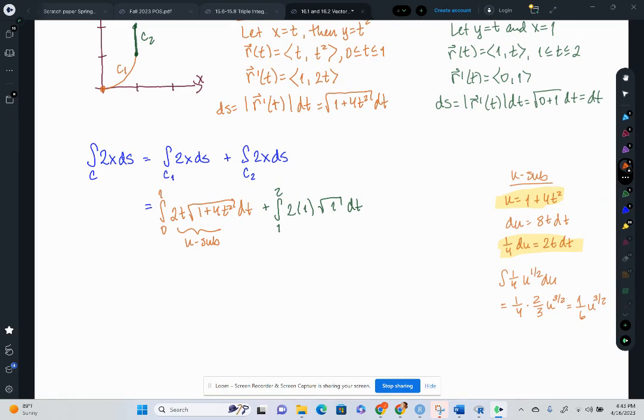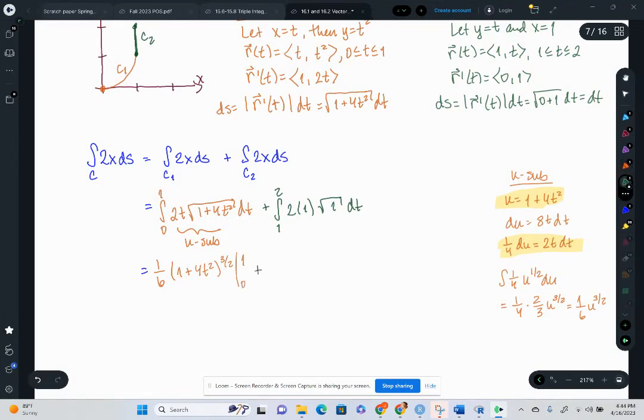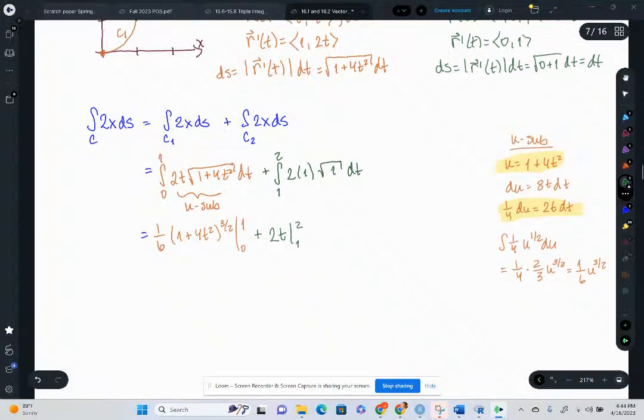Okay. The second integral is just 2 times 1 times 1, so it's just 2. So that one's not bad, but the first integral was a little bad. All right, so what we get is an antiderivative of 1/6 times 1 plus 4t squared raised to the 3/2 power, evaluated from 0 to 1, plus 2t, evaluated from 1 to 2.